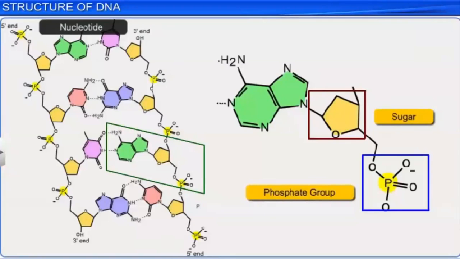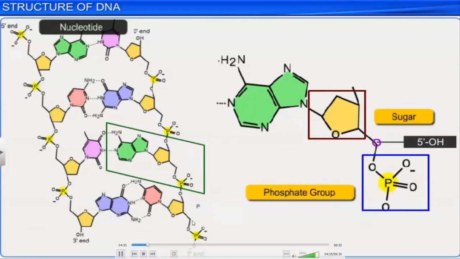Out of the three components, minus phosphate is nucleoside. That is nitrogenous base and sugar together, we call it nucleoside. And when we speak about phosphate also in it, we say it is nucleotide. That is the only difference. Okay.